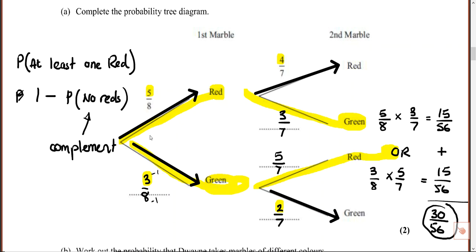So what would be the complement to rolling a 6 on a die?